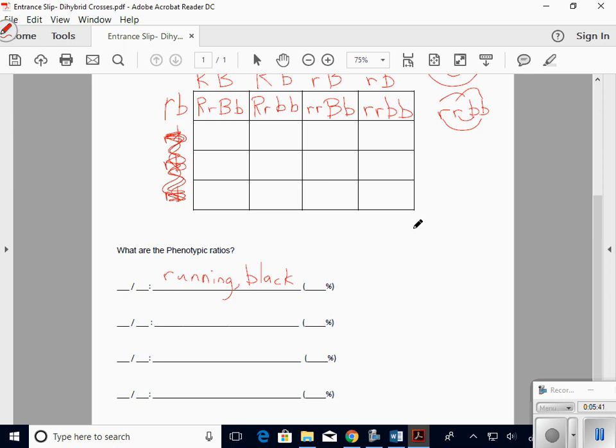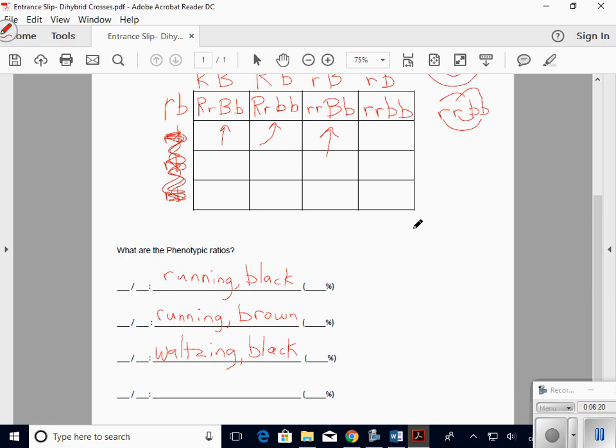The second one, right here, is a running brown mouse. The third one, right there, is a waltzing, and that is a black mouse.